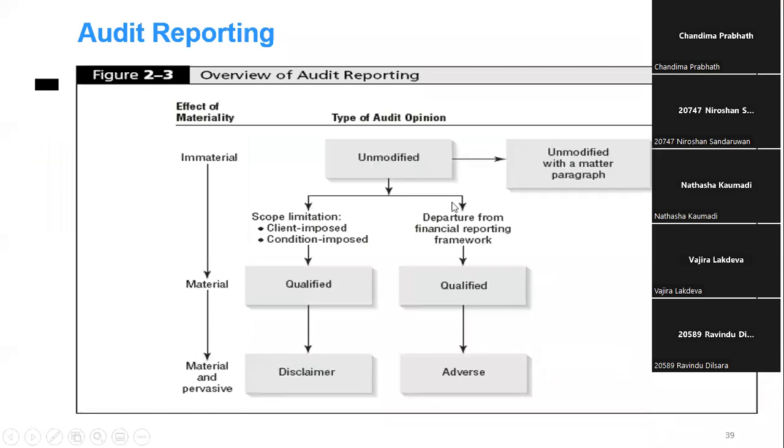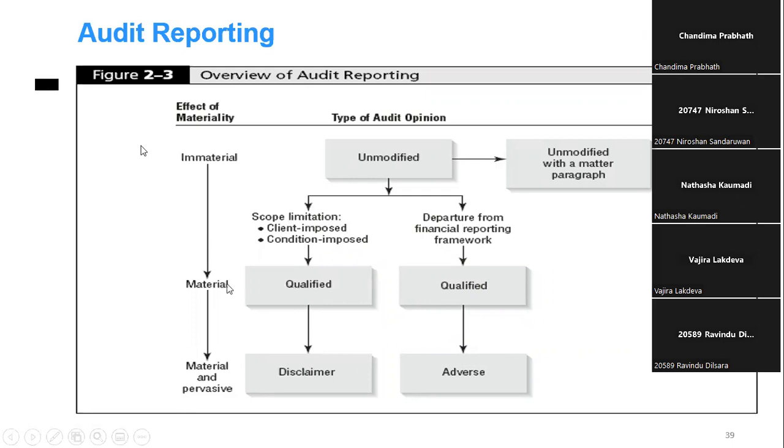Unmodified. And then modification could arise due to scope limitation and departure from the financial reporting framework, or financial statements being materially misstated. When there is a scope limitation, or when the financial statements are materially misstated, you have to first consider whether the effect is material but not pervasive, or material and pervasive.